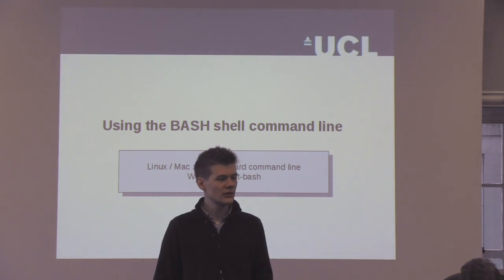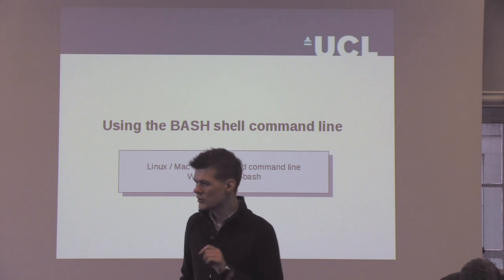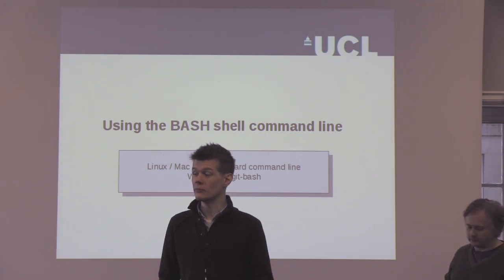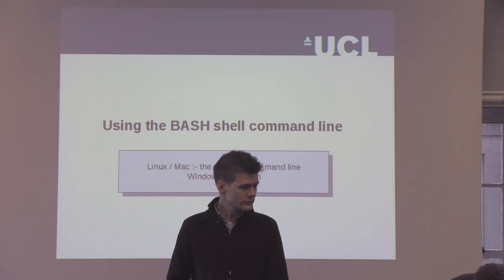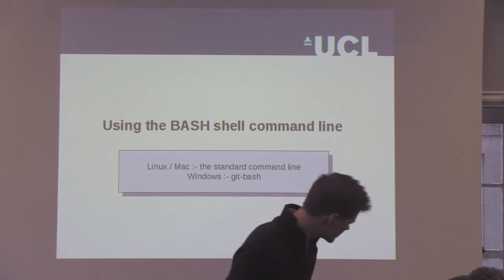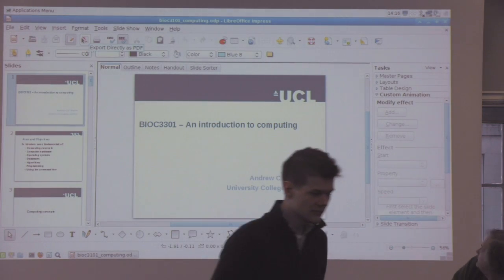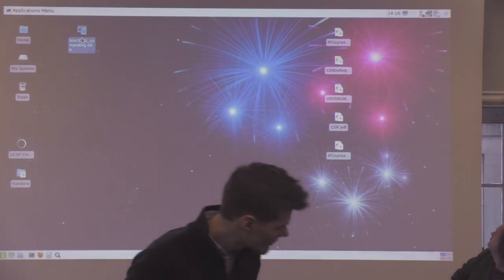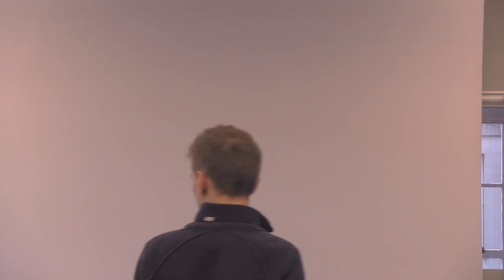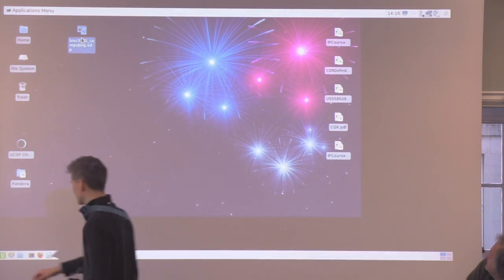And then you should get on the special desktop where you can then log in with the UCL username. No, the other way around. UCL user here. Ah, there we go.